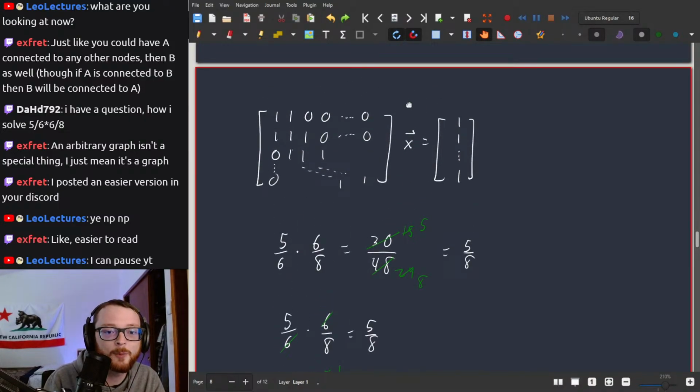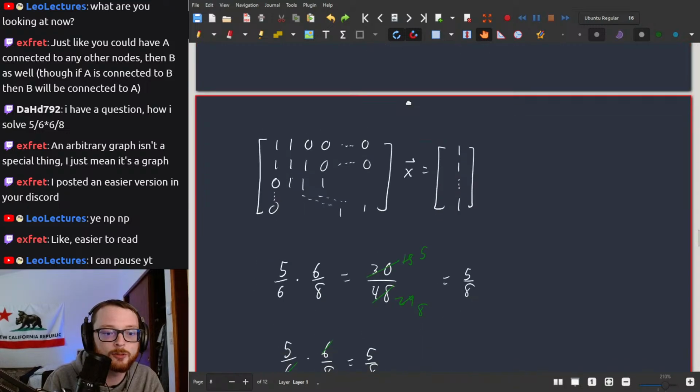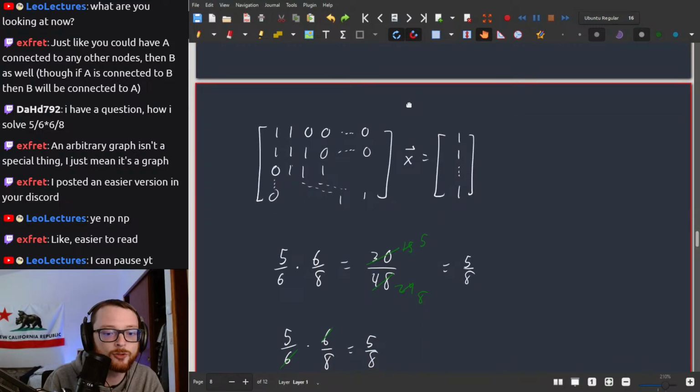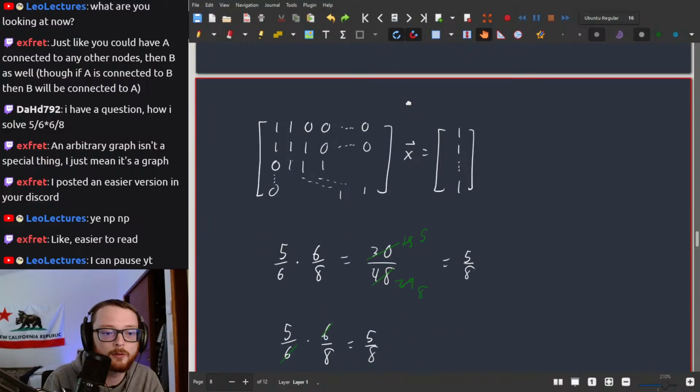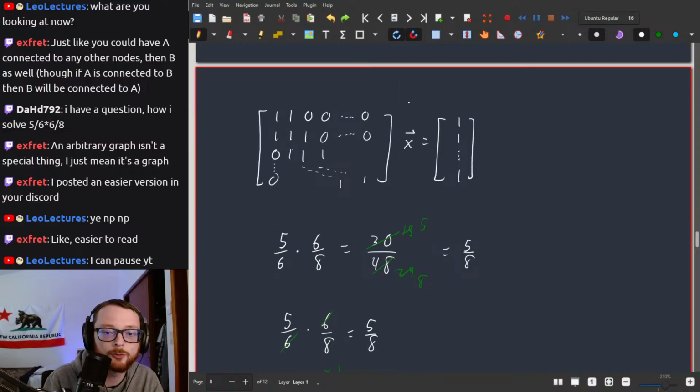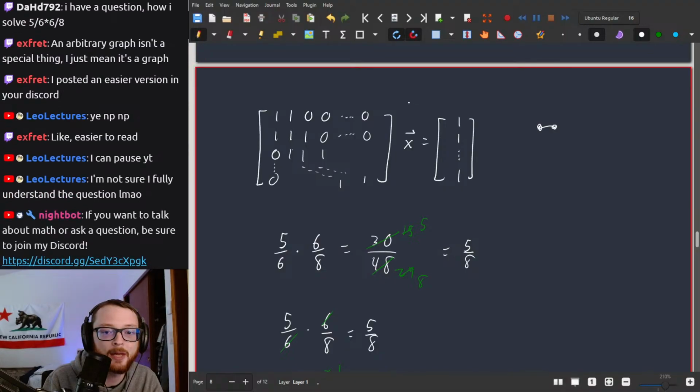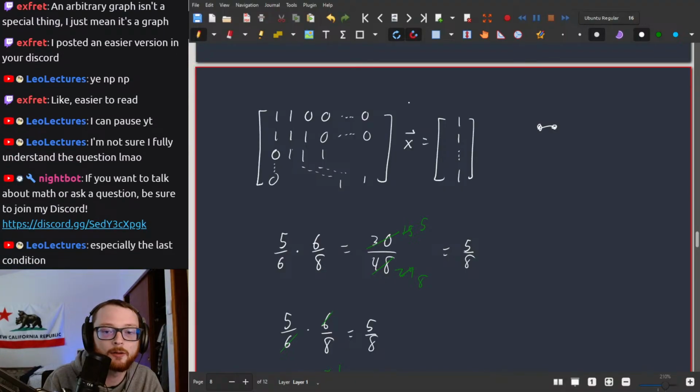So yeah, I don't know much about graph theory, so I'm not sure what the graph interpretation of this would give us, but if I were to draw a graph, A would be connected to B. I guess it's a back and forth, I guess it's not directional, right?